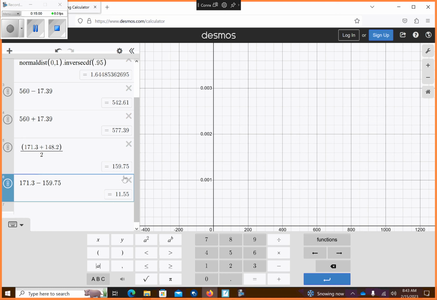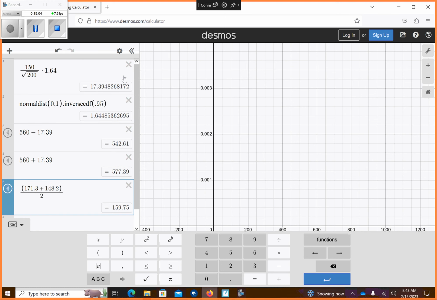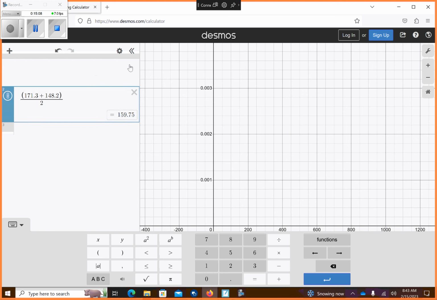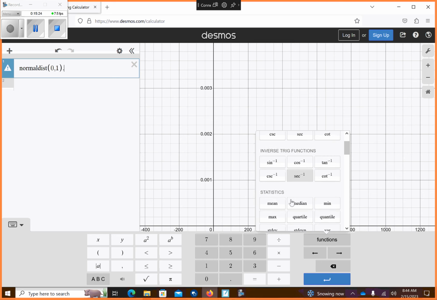So let me clear this junk out and I can do some other stuff. All right. Normal distribution. I'm going to do 0, 1, period. And then, I forget, what does it say?